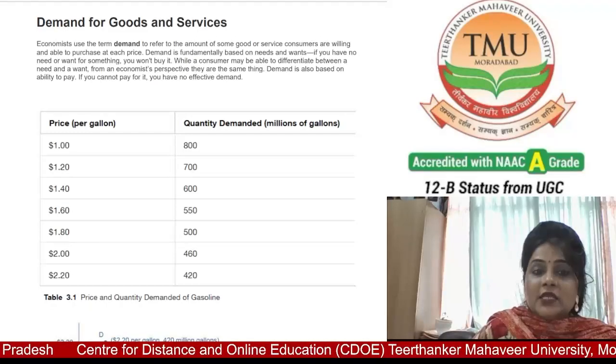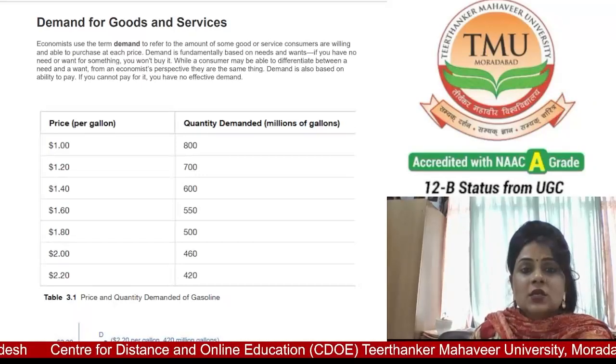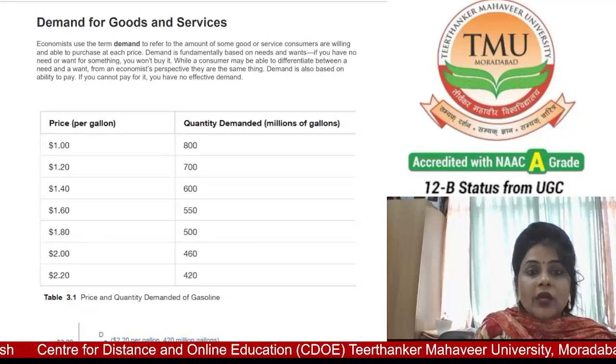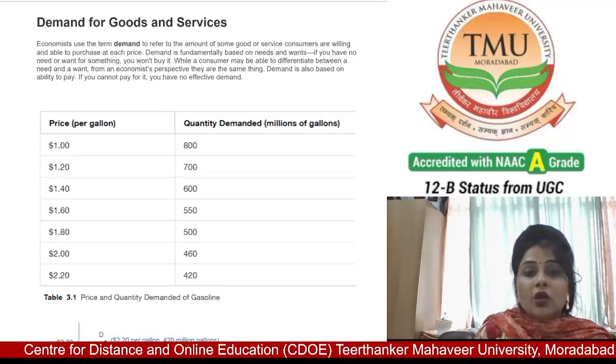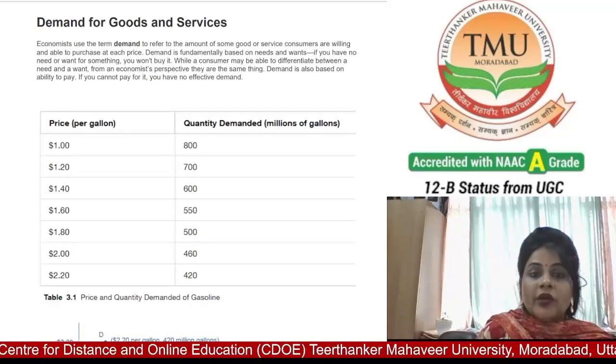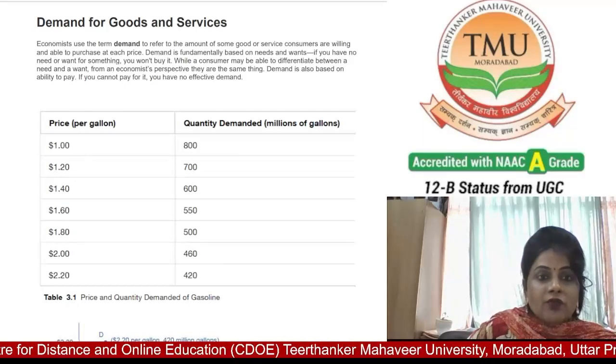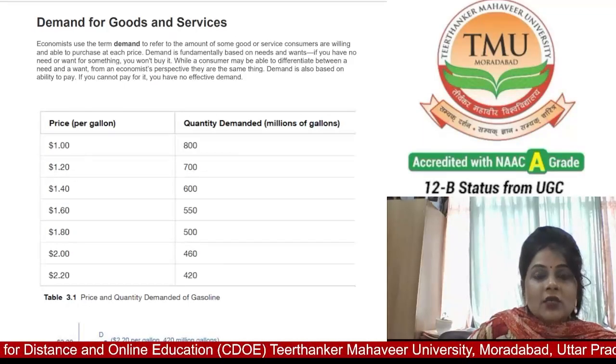A rise in the price of a good or service almost always decreases the quantity demanded of that good or service. A fall in price will increase the quantity demanded, as you see in the schedule.